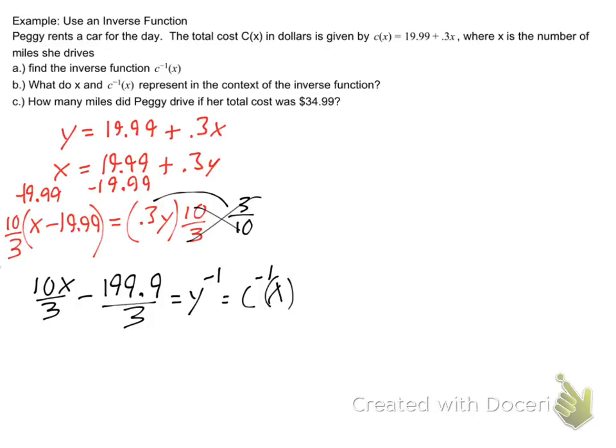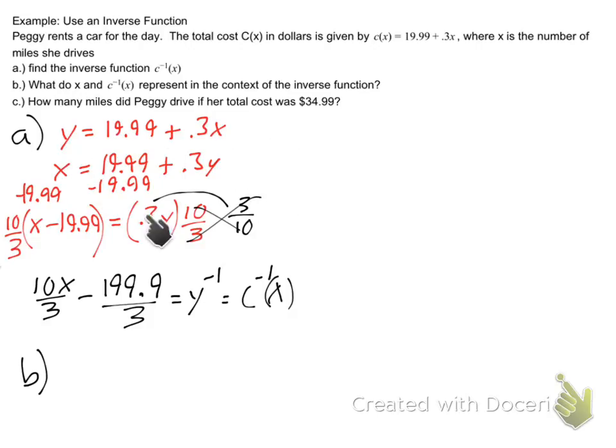What do x and C inverse actually represent in this problem now? That was A. What is B? What does it mean? What does x represent in our new equation? Let's go back. What did x represent over here? Miles. But now it's not miles in this one. What was y in the first equation? Cost.